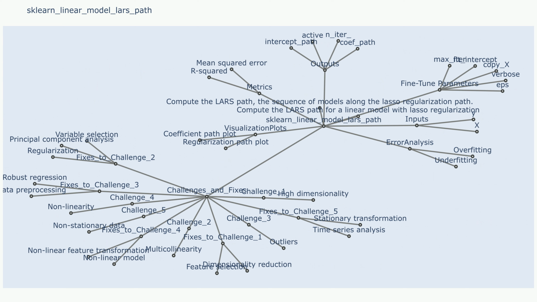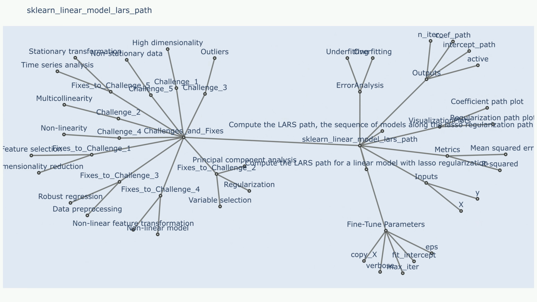Metrics. R² measures the proportion of variance in the dependent variable explained by the independent variables in the model. Mean squared error. MSE measures the average squared difference between the predicted and actual values. Visualization plots.